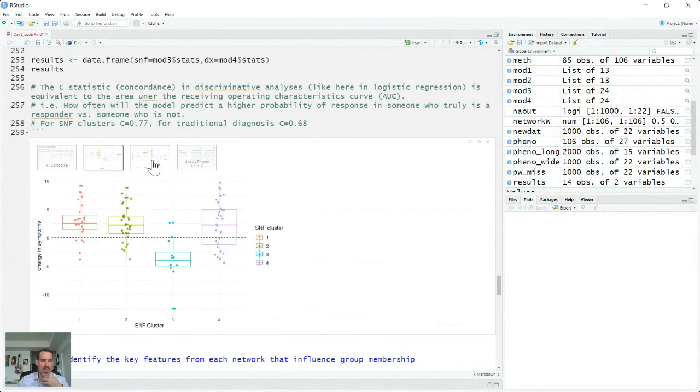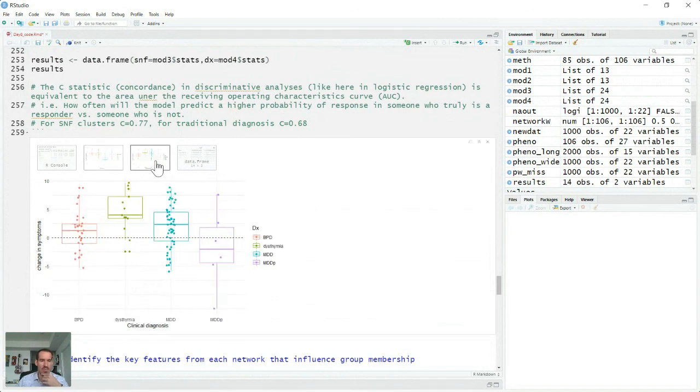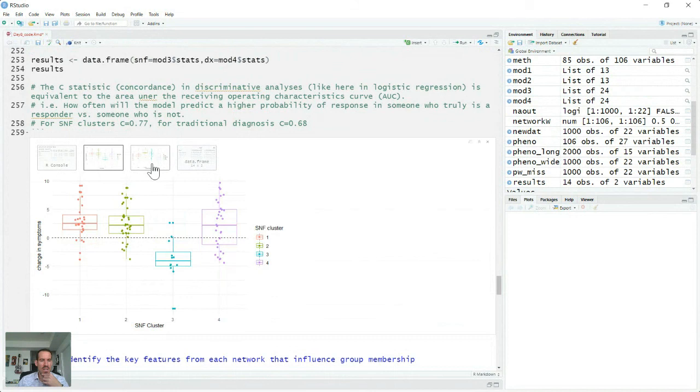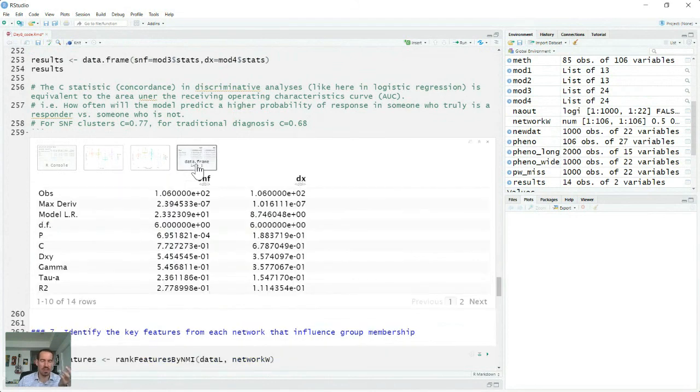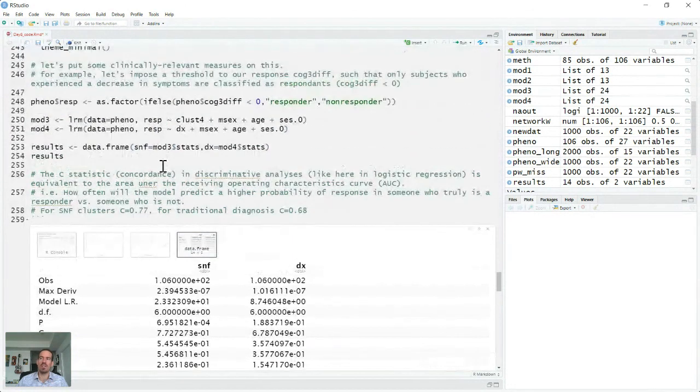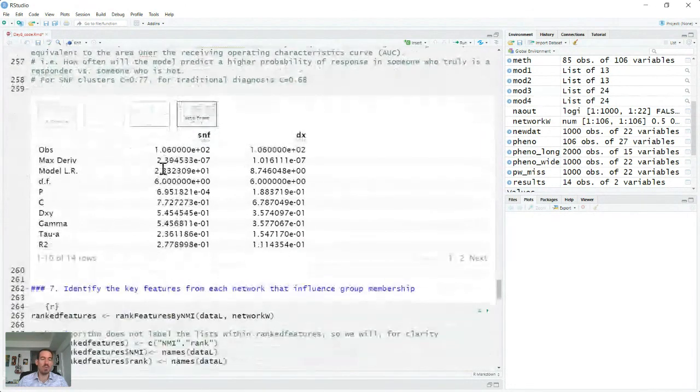If we look at the ability of these algorithms to discriminate between people who are going to go below that line and above that line, this is a summary table that shows how well each of the models performed. The point is here we're evaluating if our biological clusters are statistically better at discriminating, in this case, a response versus non-response variable, people who did better or worse, which algorithm is going to produce more accurate groupings.